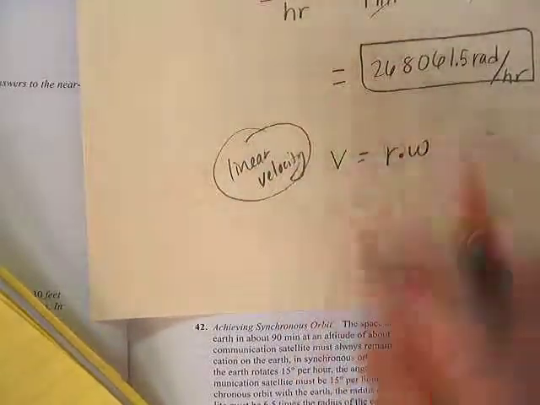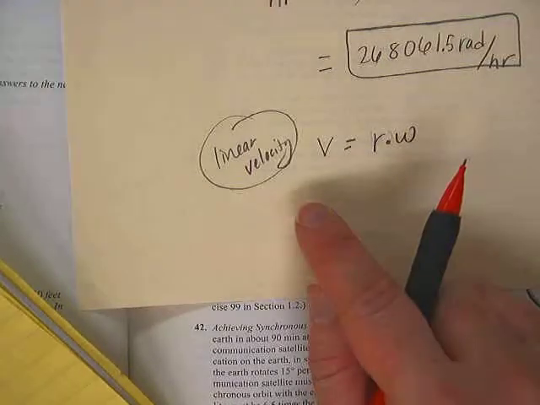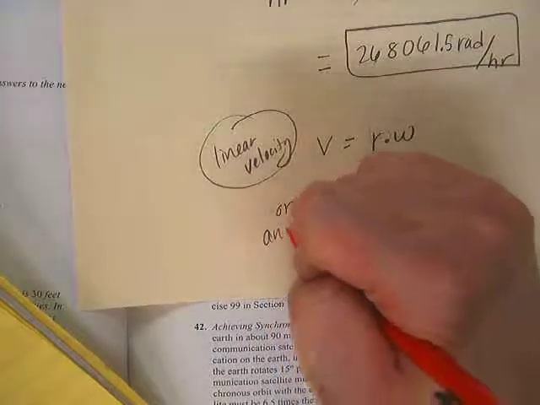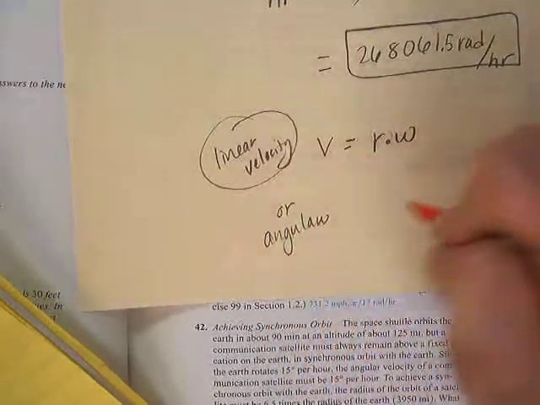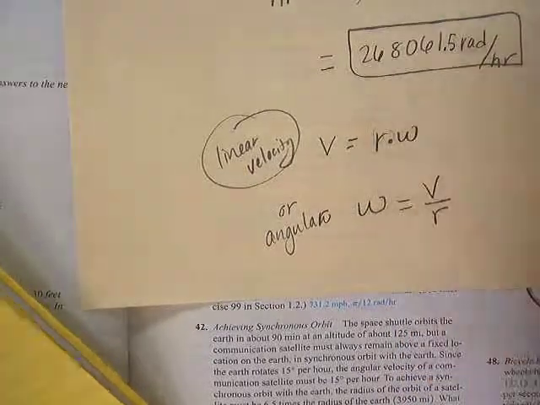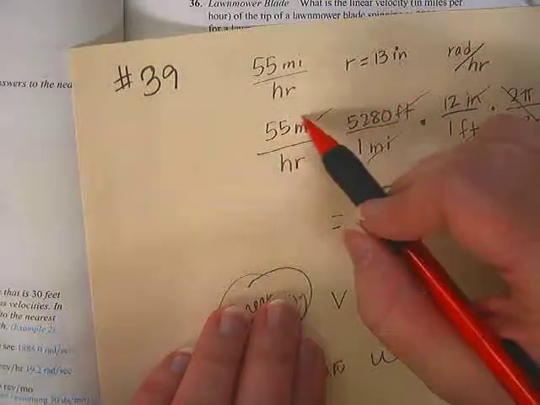That's the formula for linear velocity that we learned last time. So we can switch this formula around by dividing by r, can't we? Angular velocity omega equals velocity divided by r.